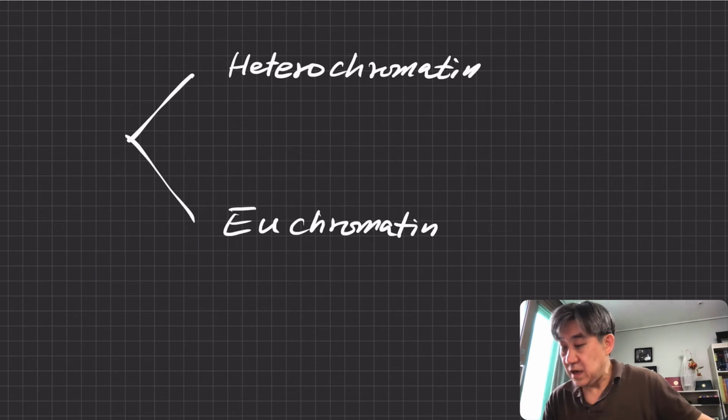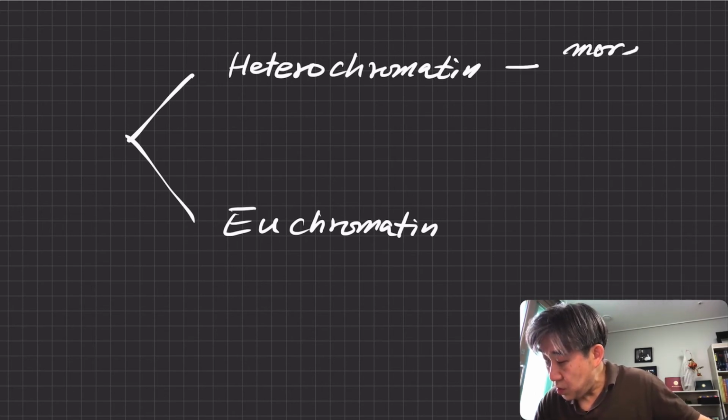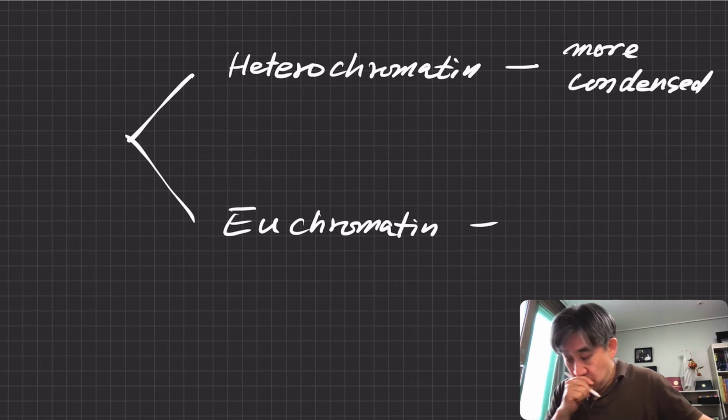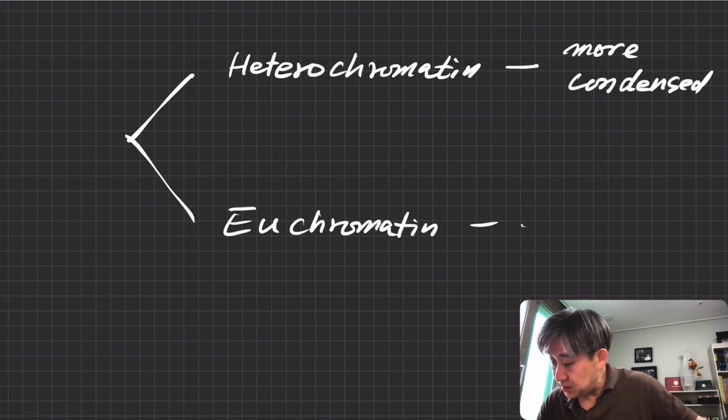And the difference is that heterochromatin is more condensed, and euchromatin is more relaxed.